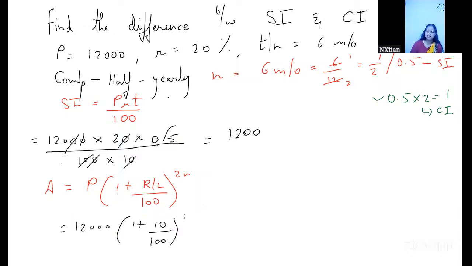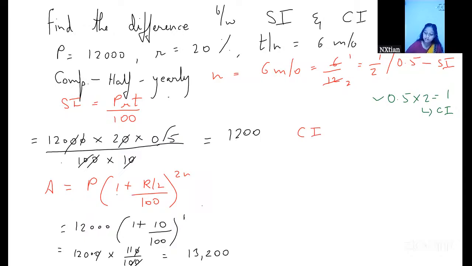Take the LCM. 1200 into 110 upon 100. Cancel the zeros. Multiply 1200 with 11. 13,200. Find out the CI.